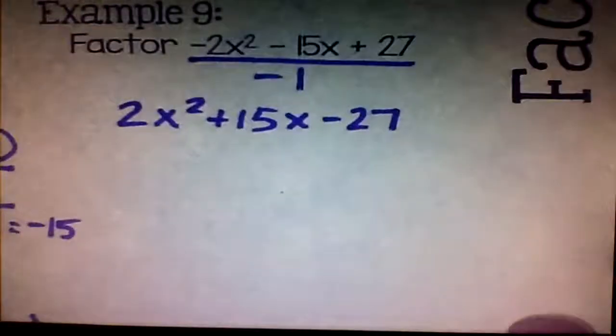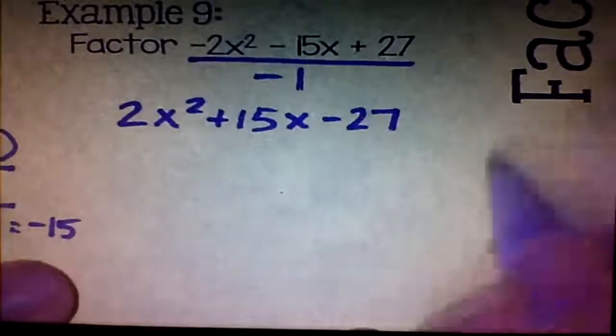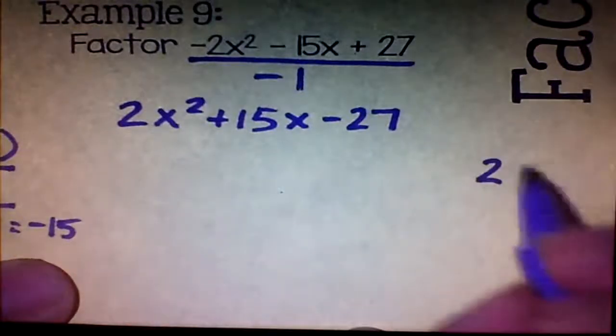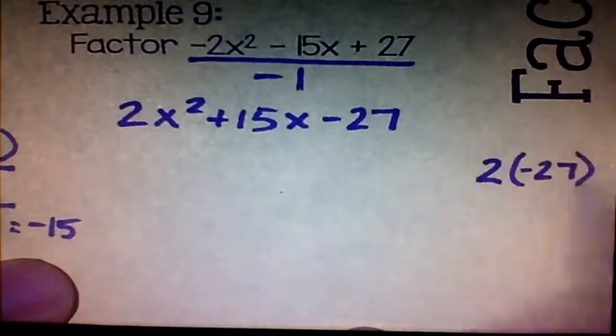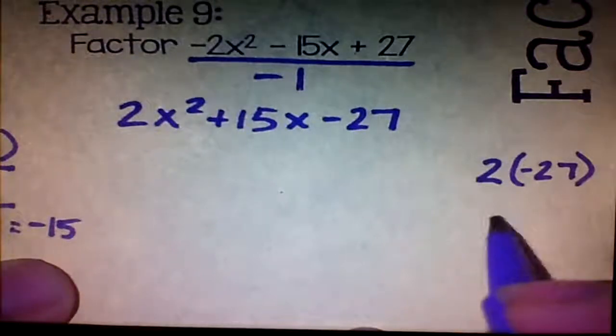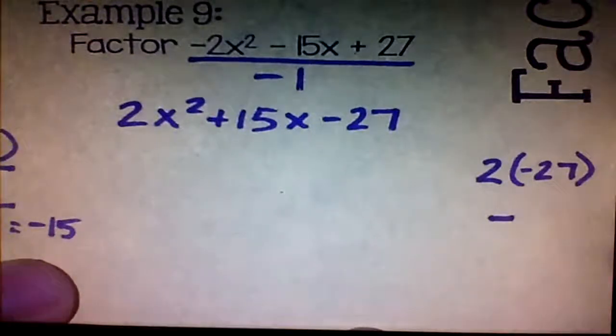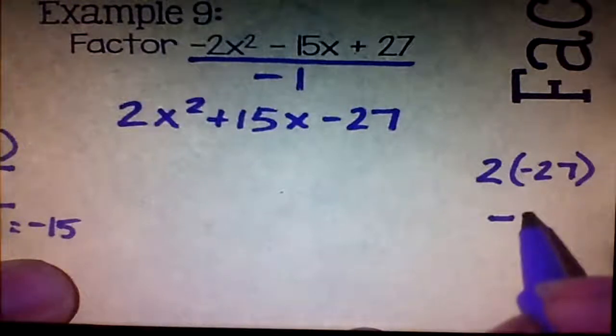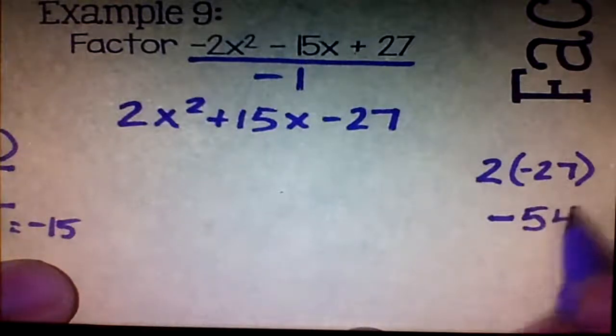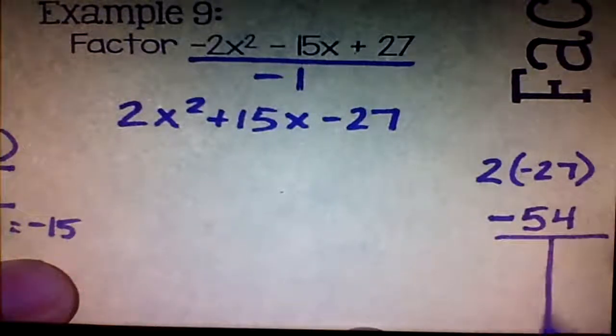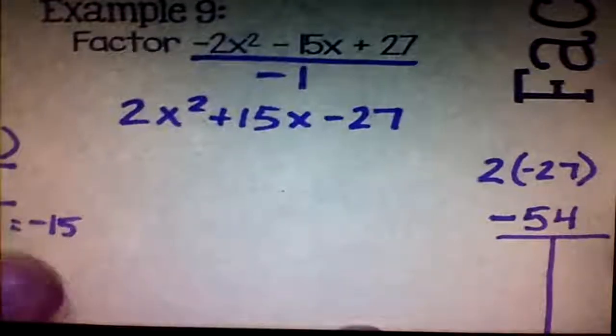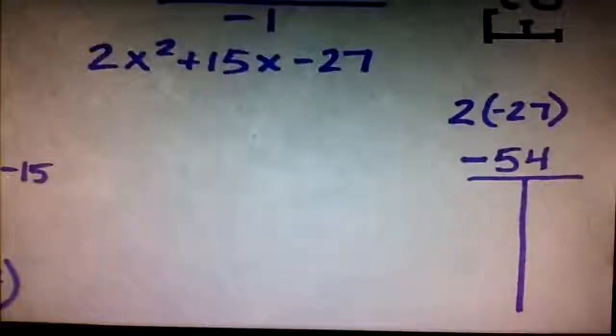So when I divide out that negative, everything changes signs. Both of my negatives became positives, and my positive became a negative. So now, 2 times negative 27 is negative 54.